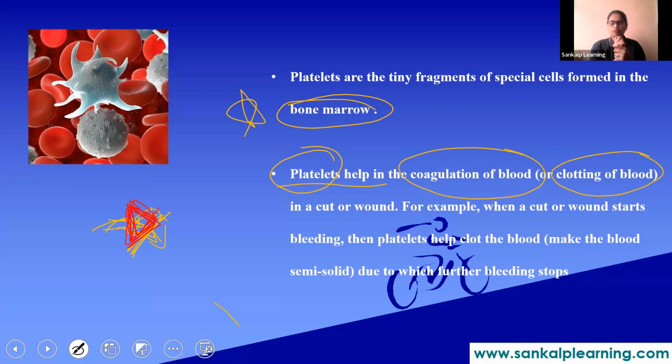Platelets have a substance called fibrin. Fibrin forms a triangular-like structure around that injury. When that structure is formed, that is called a clot. This structure will stop the blood. No further bleeding takes place. This is called coagulation of the blood.